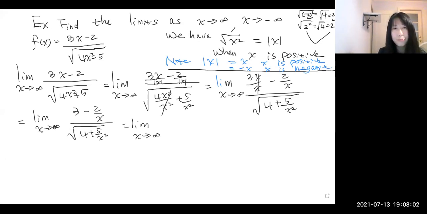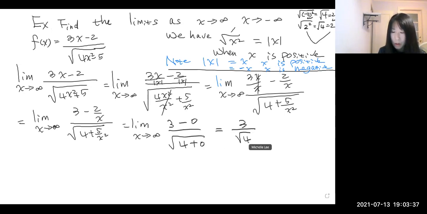Limit of 3, what do you get? 3. How about the second term, 2 over x? 0. 0 over square root of 4, and then 5 over x squared, what do you get? The limit as x approaches 0, positive 0. So then we get 3 over the square root of 4, which is 3 over 2, right?